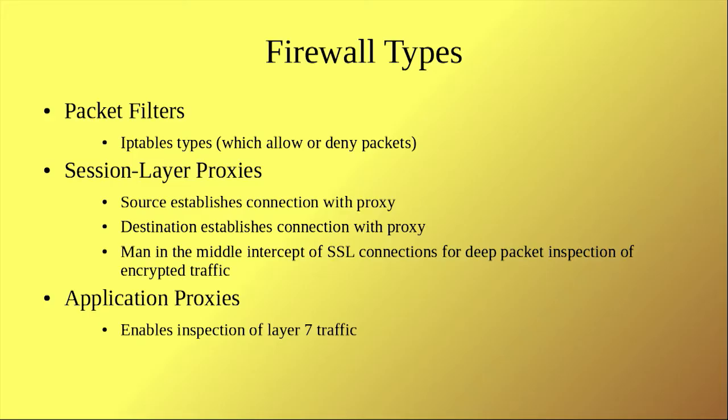There are different types of firewalls. The first one is packet filters, which allow or deny packets. We will see an example of IP tables which we will configure for allowing or denying packets. Then there are session layer proxies.